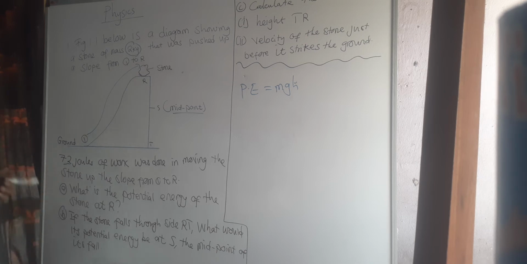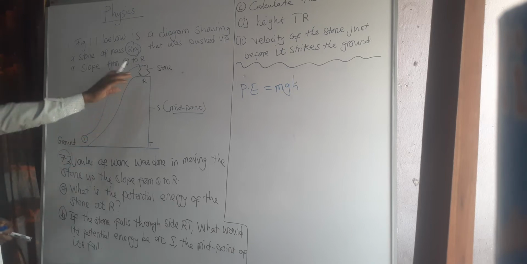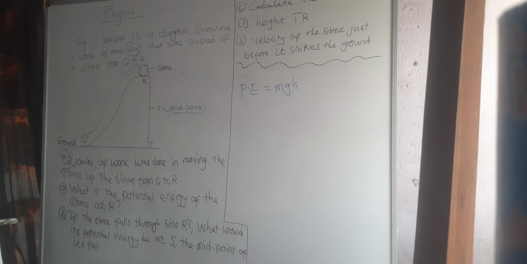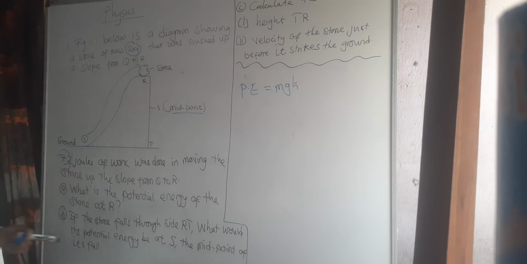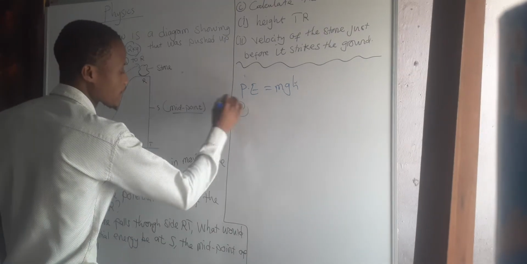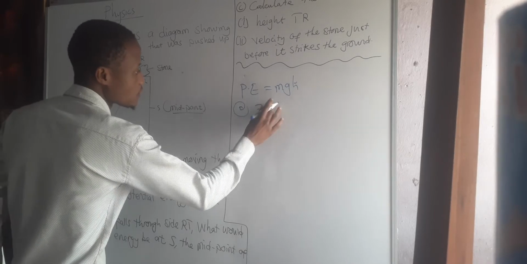Okay, so in this case, we have been told that 72 joules of work was done to move this stone from here to there, which simply means that the potential energy possessed by this stone is the same 72. So question A, the answer is 72 joules of energy.